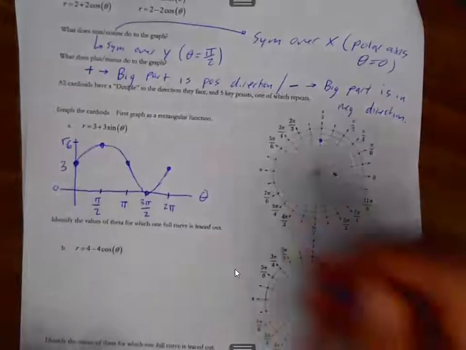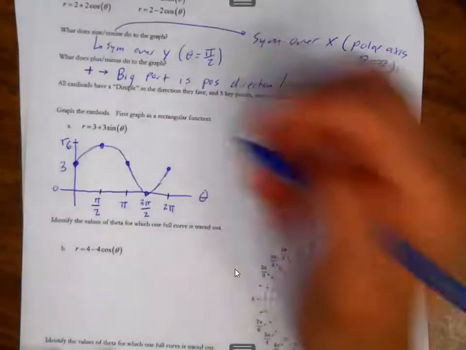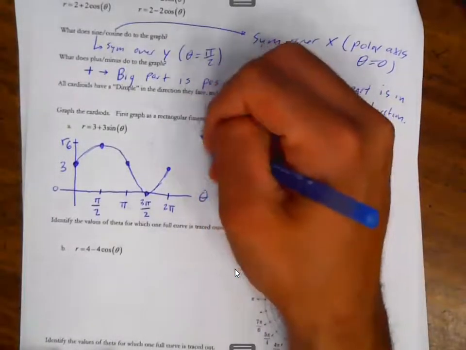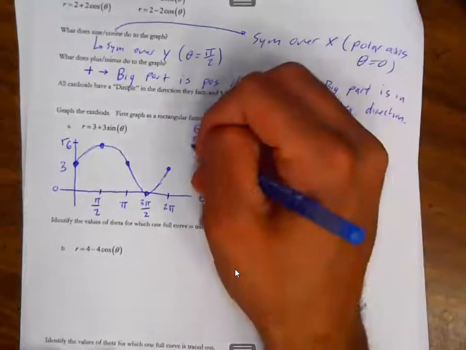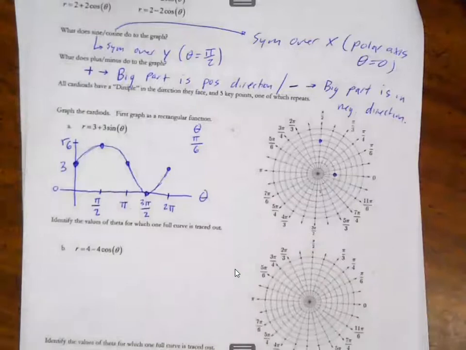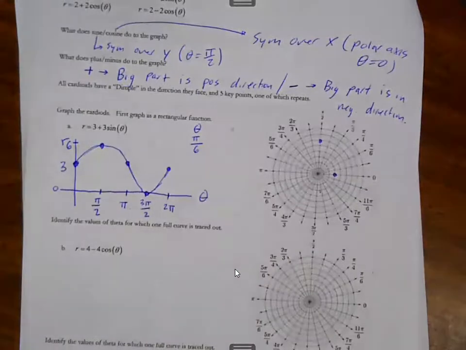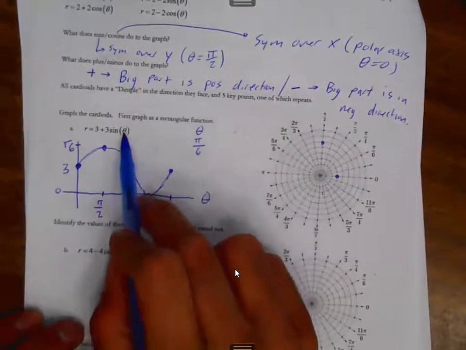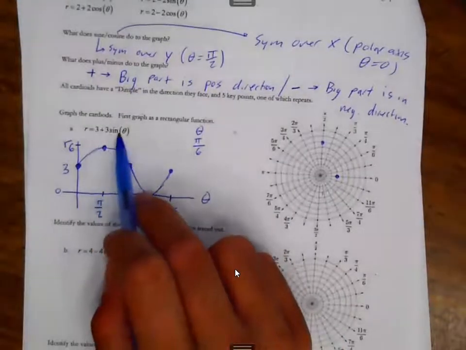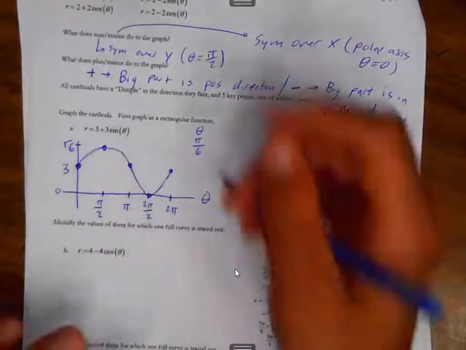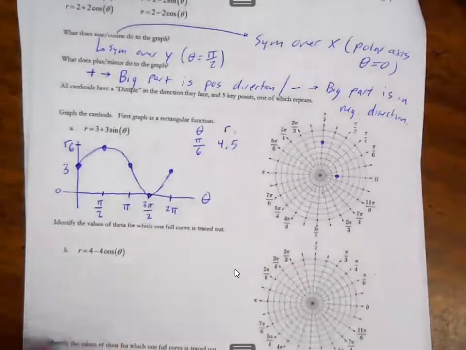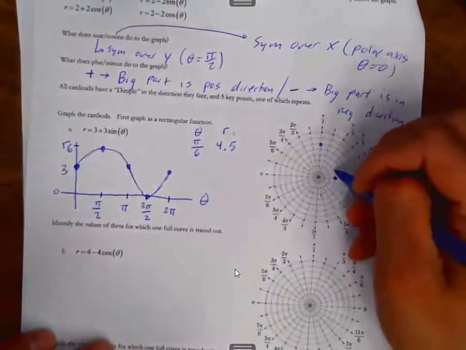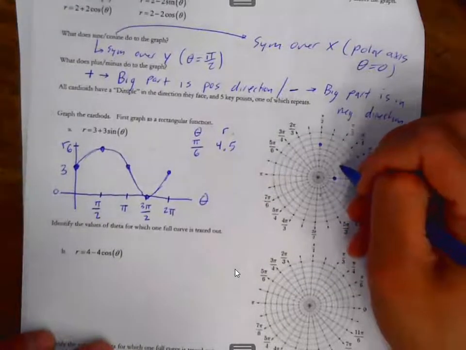Let's also evaluate when theta is pi over 6, because that's 30 degrees. And we know that the sine of 30 degrees is 1/2. So if we plugged in pi over 6, it'd be 3 plus 3 times 1/2. So 3 plus 1.5 is 4.5. So we got pi over 6, and then that's 4.5 right there.